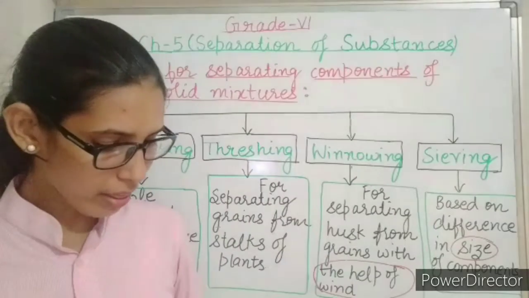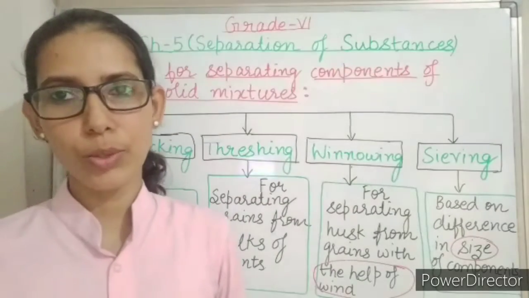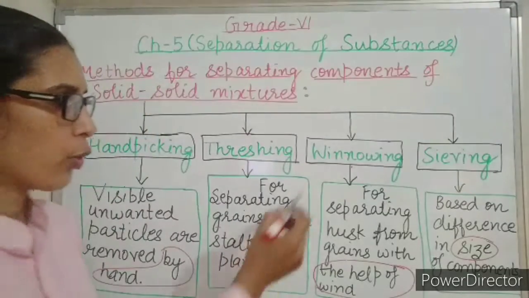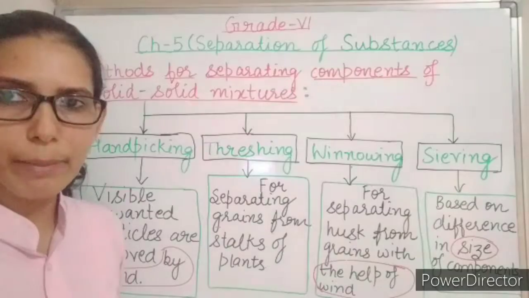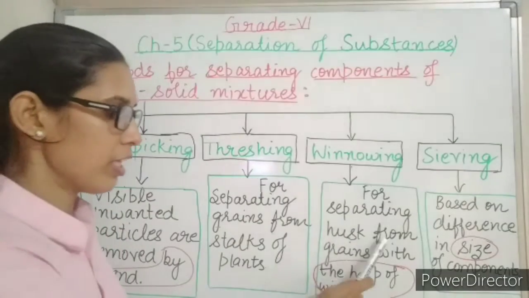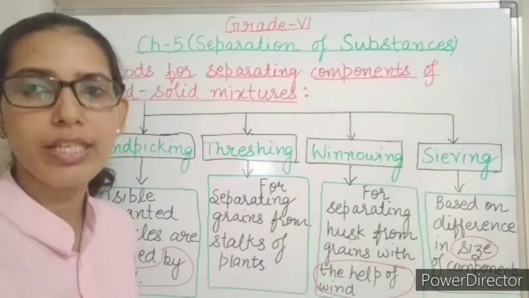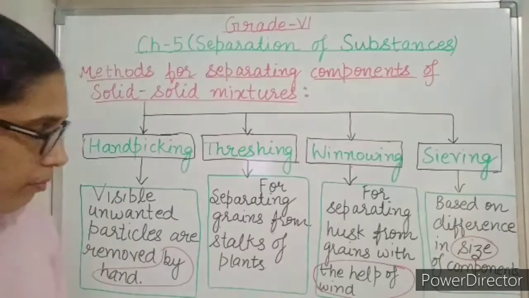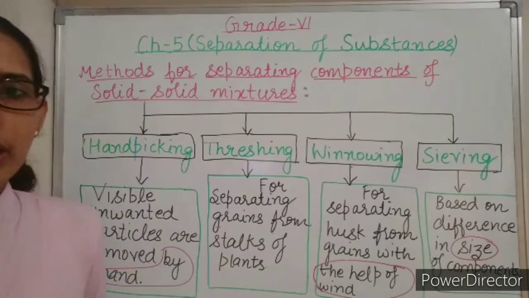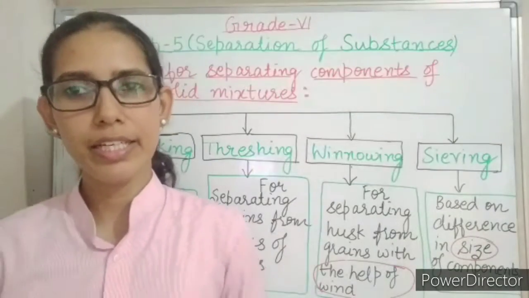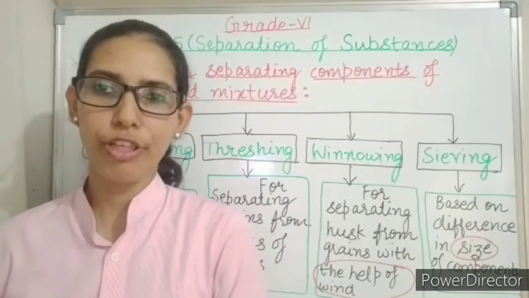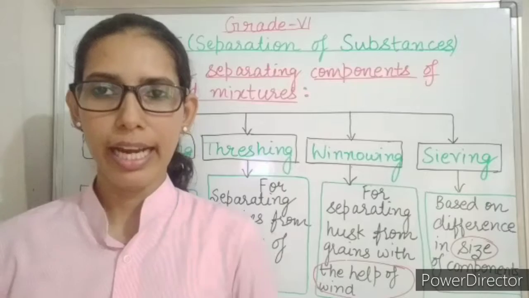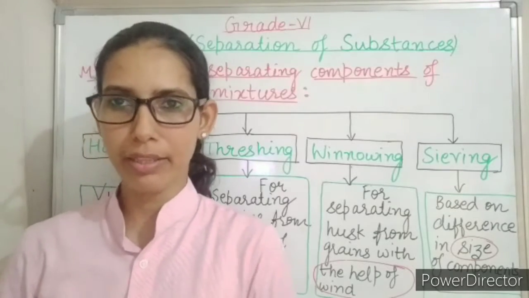And winnowing is based on the difference in the weight of the components to be separated. So it is used for separating husk from the grains like wheat, rice, etc. And hand picking is used when the unwanted particles are small in quantity and their shape, size and color is different from the useful particles. At that time we prefer the hand picking method.